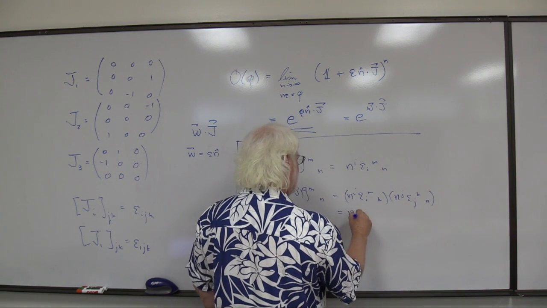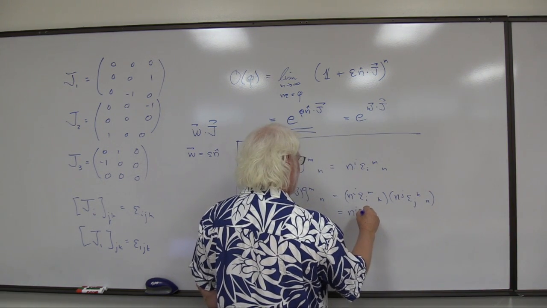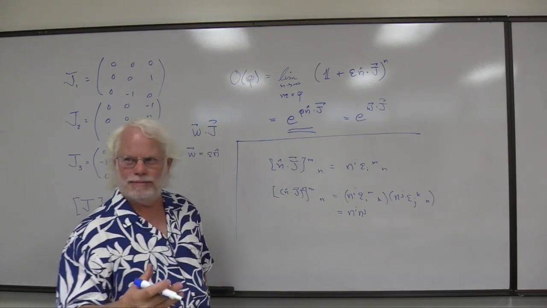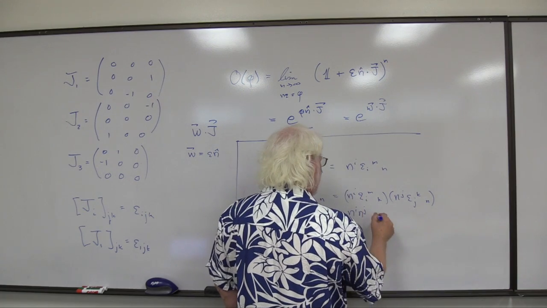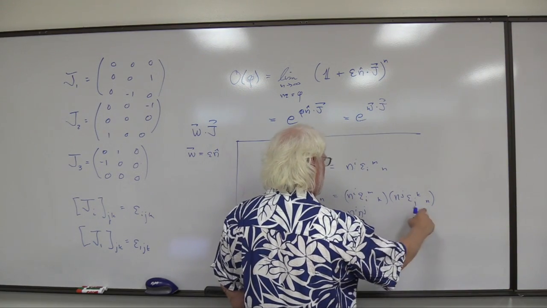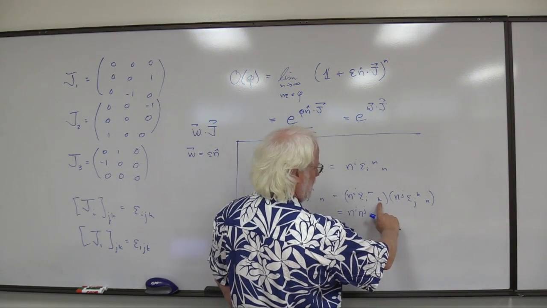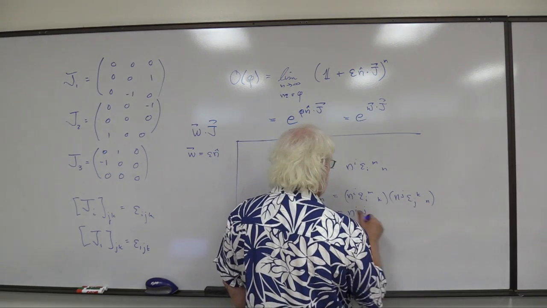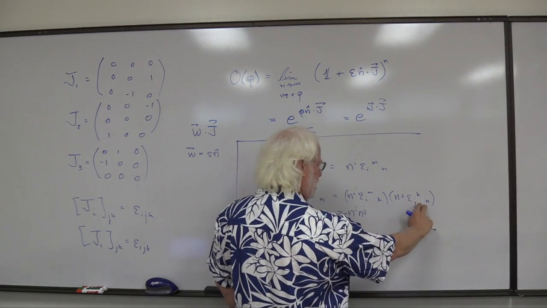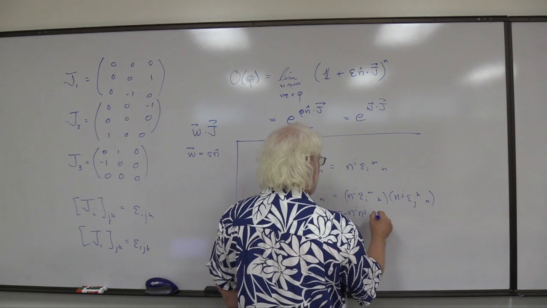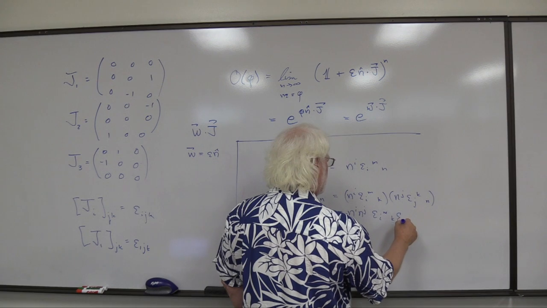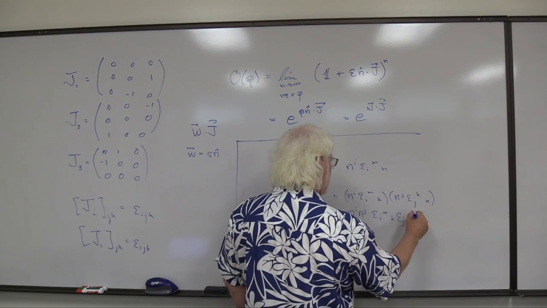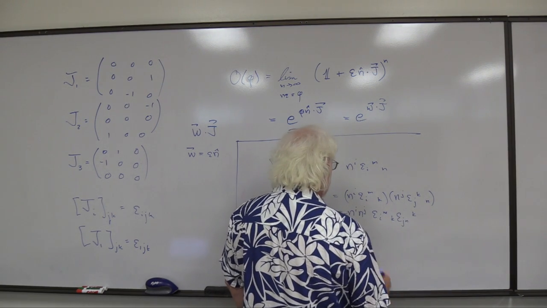Now we pull out the n_i and n_j, so we're not dealing with all those components anymore, and we have a product of two epsilons. This has the k at the end, this has the k in the middle, so I'm going to interchange one pair to write epsilon I m k, epsilon j n k, summed on k.